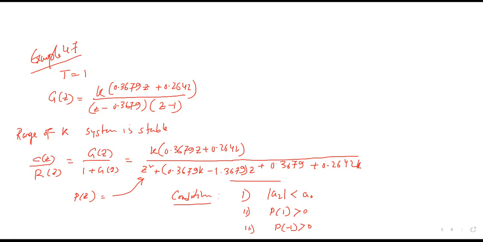Okay, so let us try to apply. The first condition, that is A2 has to be lesser than A0, will imply that 0.3679 plus 0.2642K, that is our A2, has to be lesser than 1.